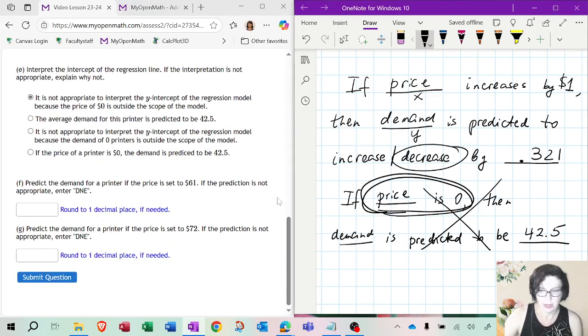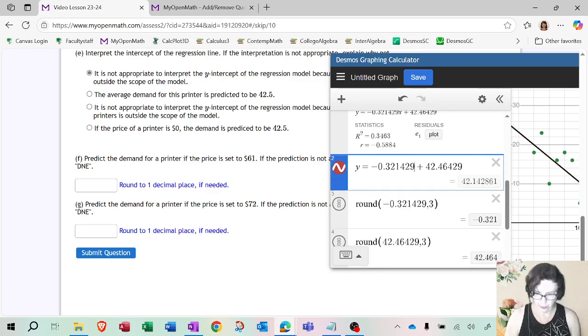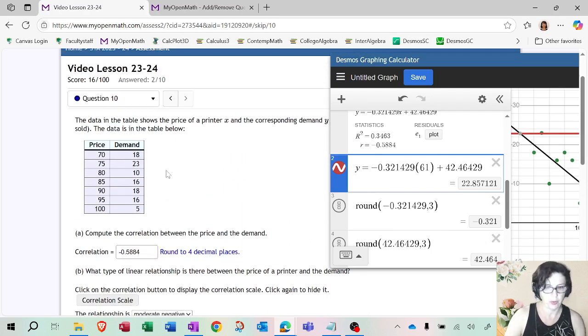Okay, now let's go ahead and use our model to make a prediction for the demand if the price is set to $61. So what you would do there is instead of x, you're going to put parentheses and then 61. And it says 22.6. However, you have to see if the $61 is part of this range.